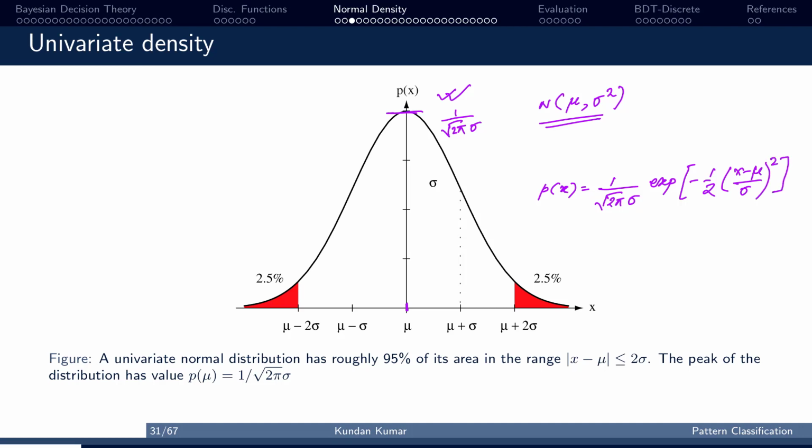In this expression just put x equal to mu, then this term will be 0 and the exponential of 0 will be 1. So this is our maximum value that we obtain at our mean.